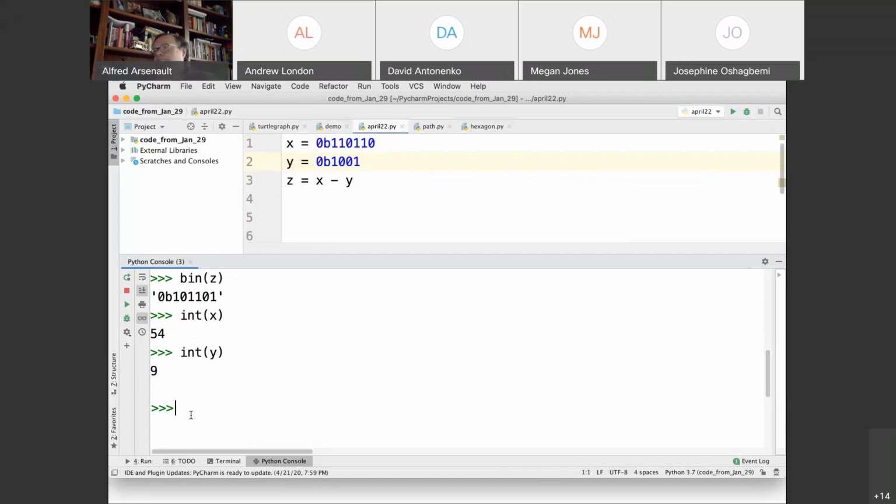Now, suppose that I wanted to find x times y. 54 times 9 in decimal is going to give me 486. So I wonder what would happen if I took the binary number of x times y.